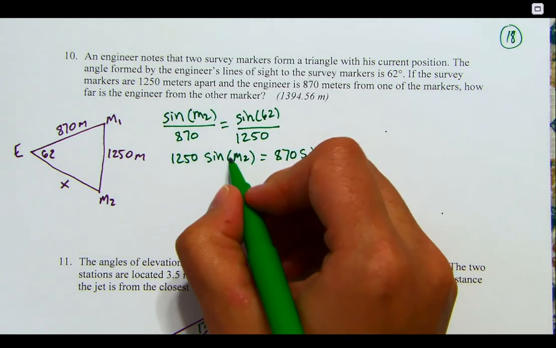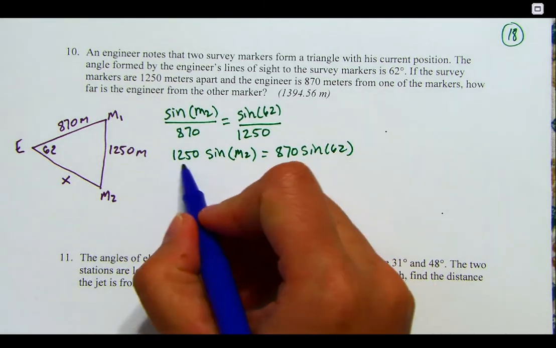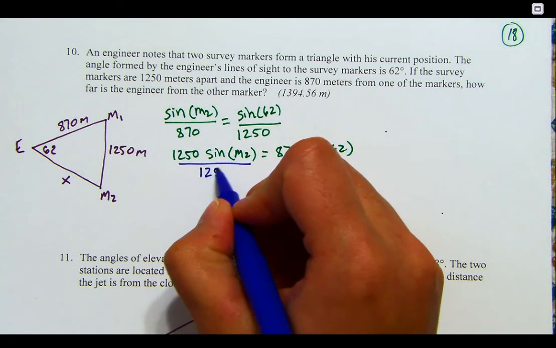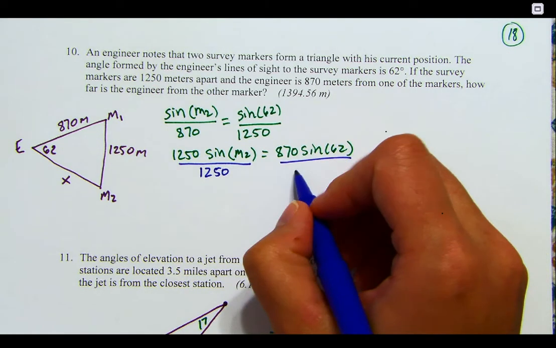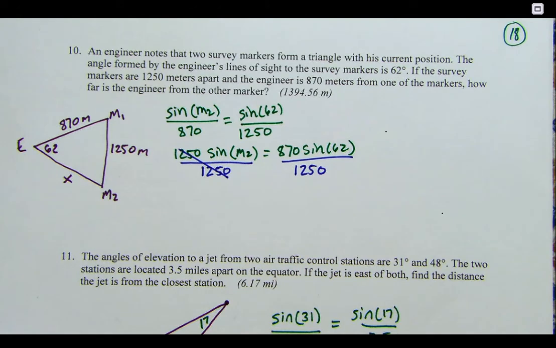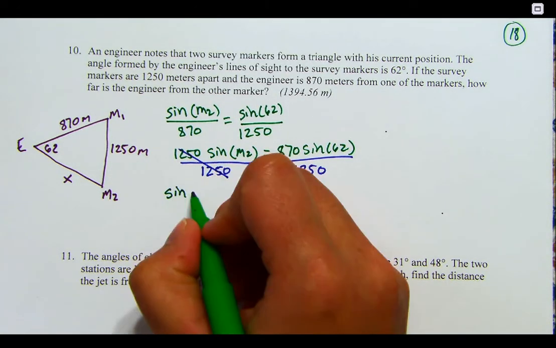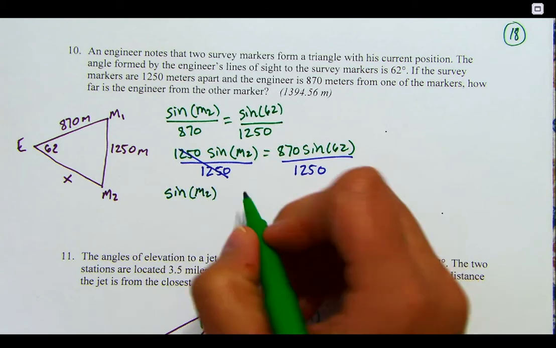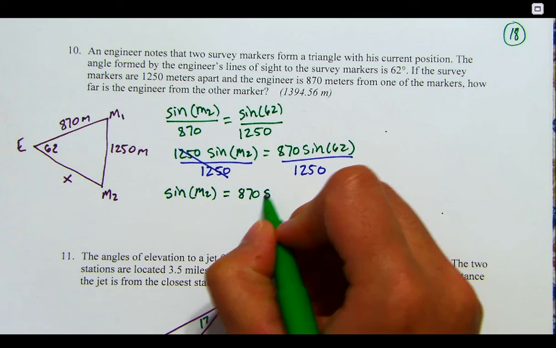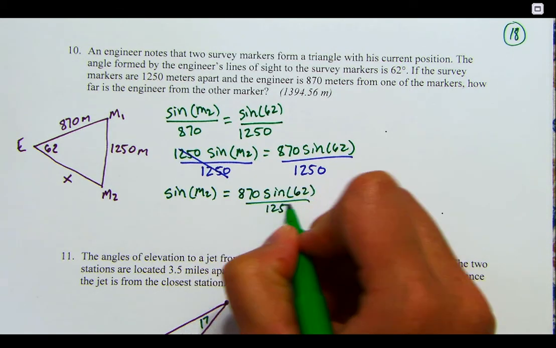Now I'm trying to get this by itself. So the next thing I need to do is divide by the length. So that 1,250 to both sides. So that means that I'm going to have the sine of marker 2 equals 870 sine 62 over 1,250.